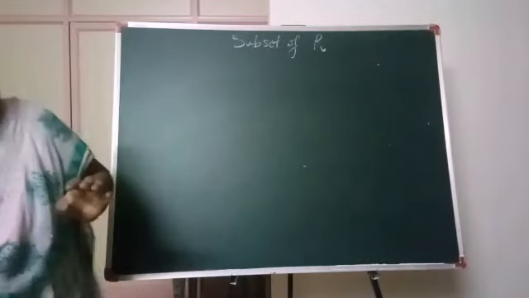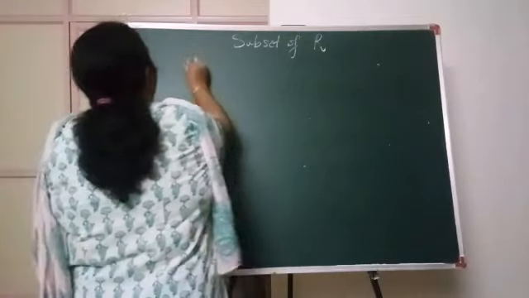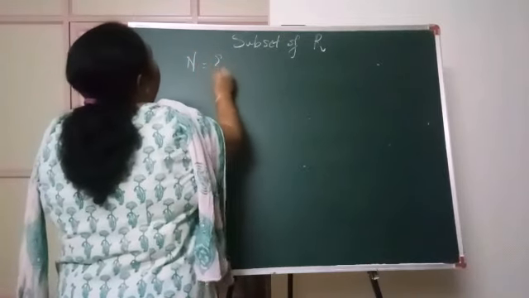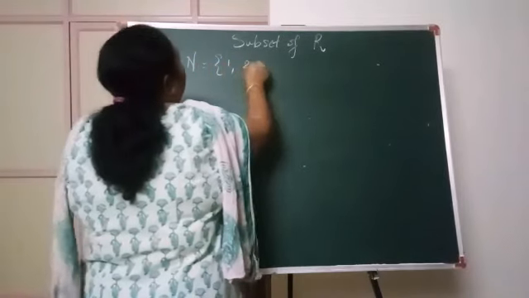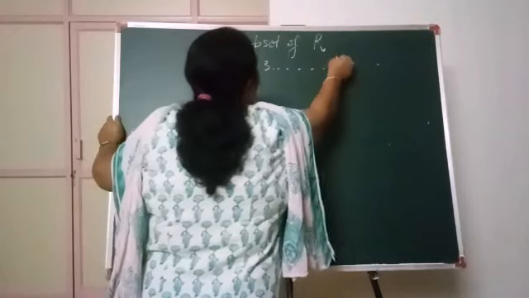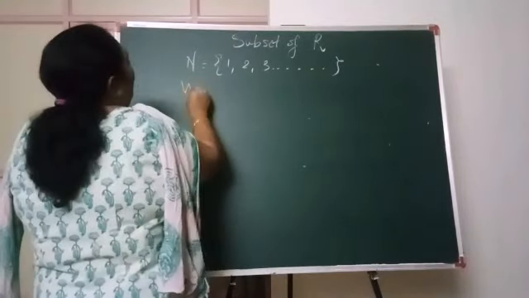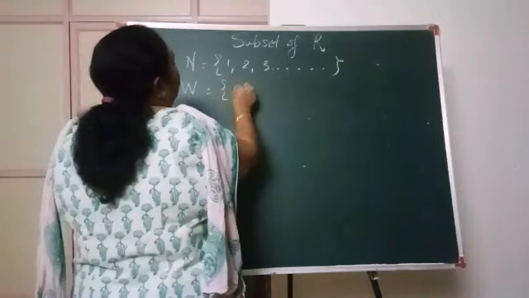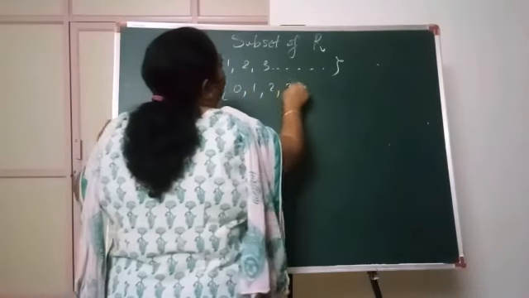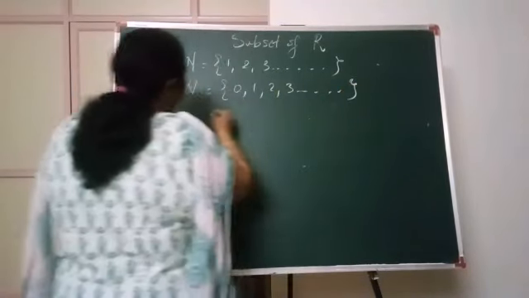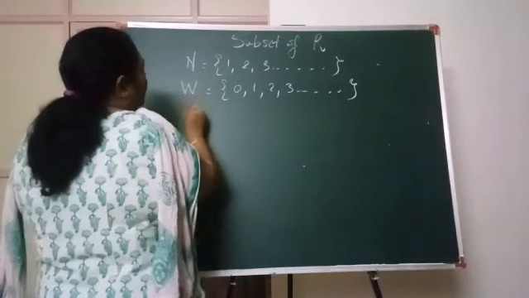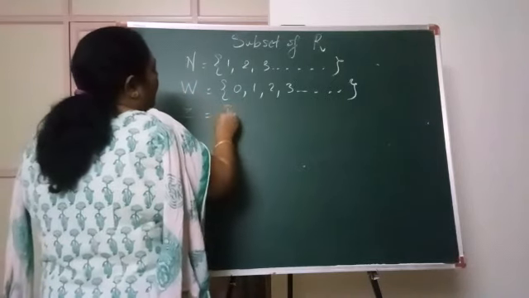Now, let us talk of natural numbers, right? So natural numbers, that is 1, 2, 3, ... up to infinity. Whole numbers, you have 0, 1, 2, 3, ... up to infinity. Then after that you come to integers, right?